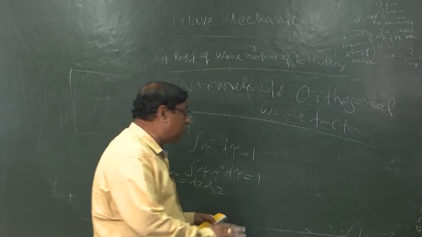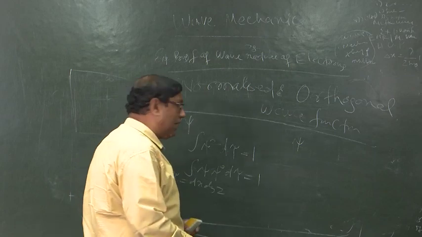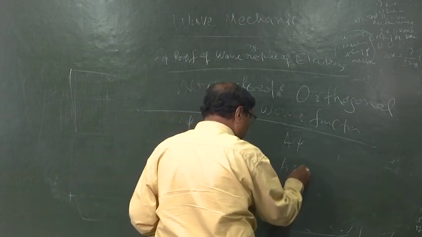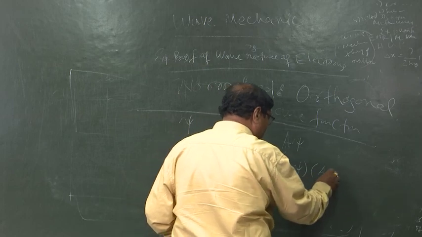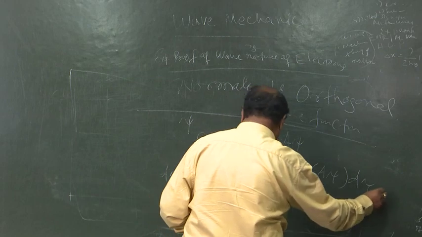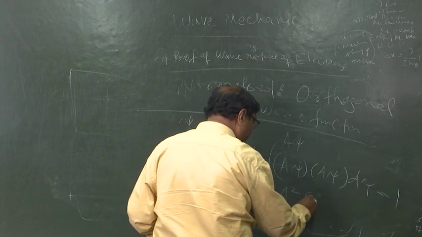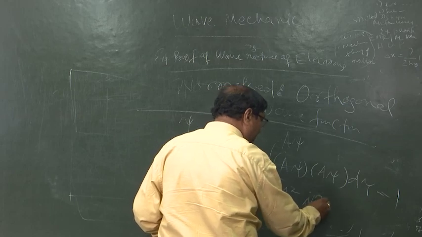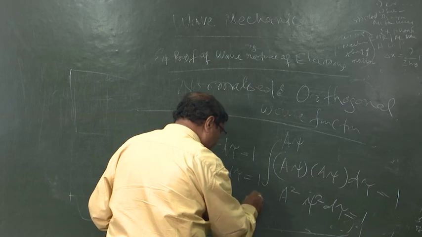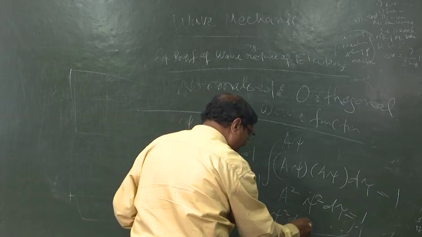If a wave function psi is not normalized, how do we make it normalized? You multiply the wave function by a constant. So integrating a psi into a psi d tau should be equal to 1. That means a square times the integral of psi square d tau is equal to 1, or a to the minus 2 is equal to the integral of psi square d tau.